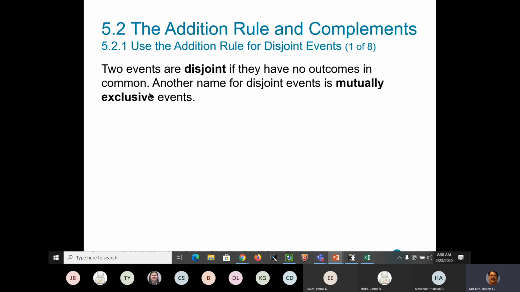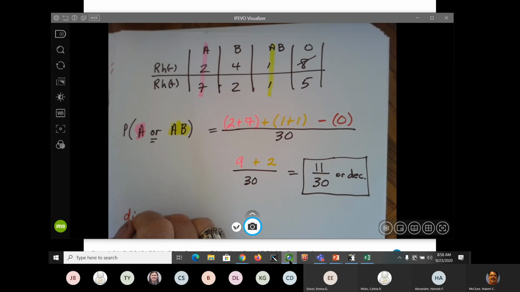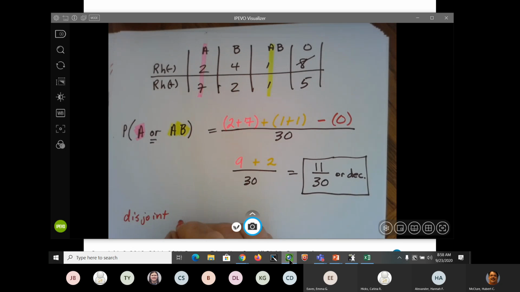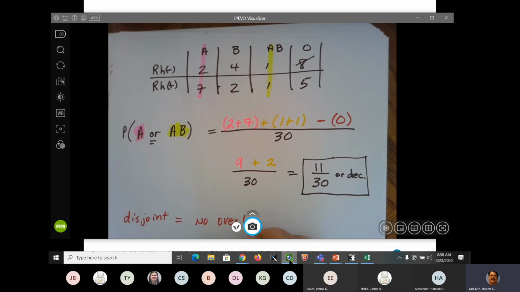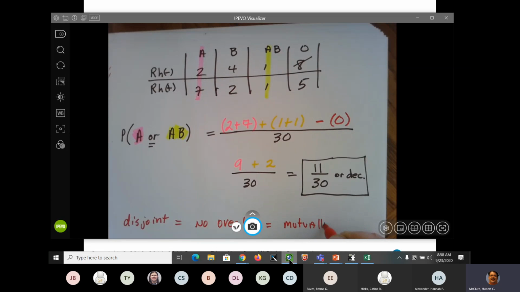So disjoint means no overlap, which means mutually exclusive.